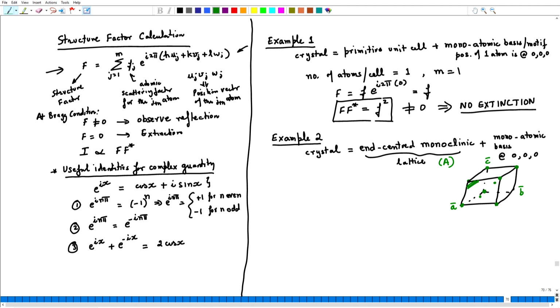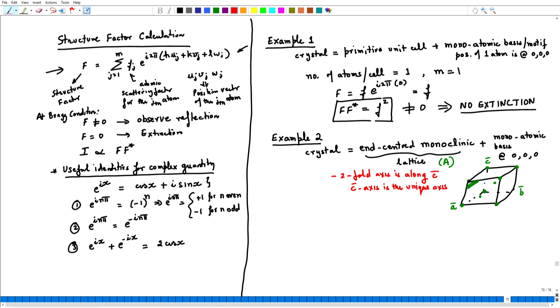My two-fold axis, in this case the two-fold axis is along C, which means that the C axis here is the unique axis. If C axis is a unique axis, one cannot put the two end centered atoms in the cell on the C face. They can only be put on the rectangular faces of the monoclinic cell.